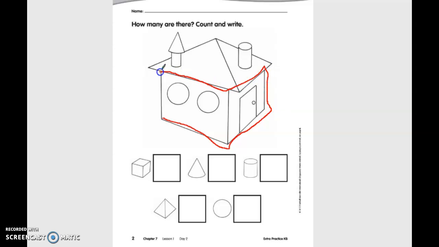So the cube is right here. And if we kept going to the back part we would see, it'd be back like this. So the whole house is a cube. Do you see any other cubes in the picture? Nope, just the one.